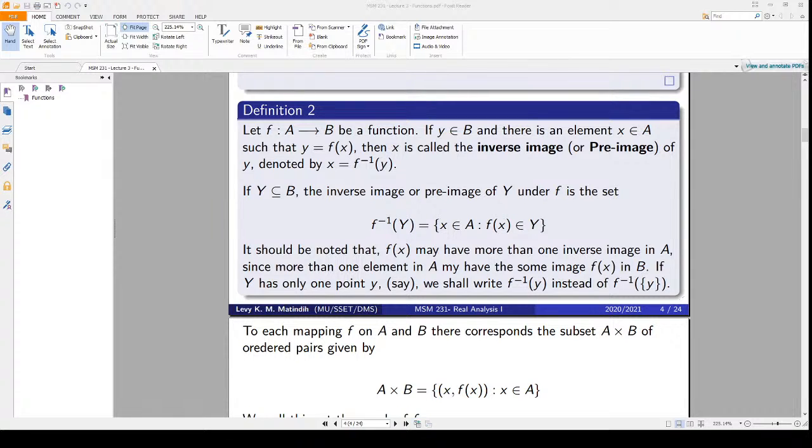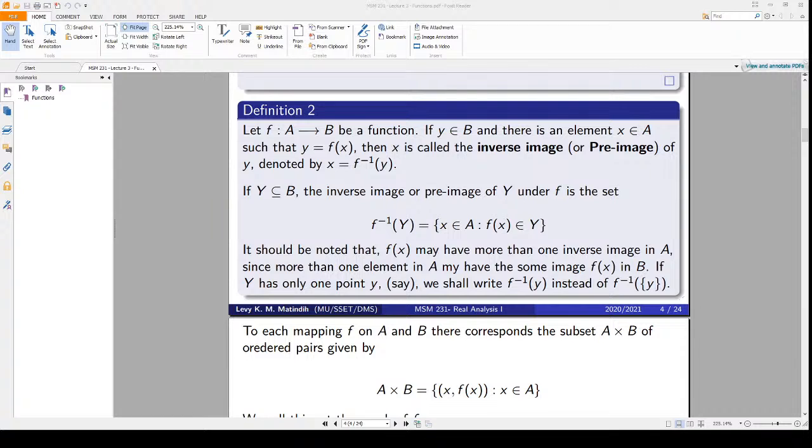This x is the inverse image of y, or the pre-image of y. In this case, we write x is equal to f⁻¹(y). So in short, if y is equal to f(x), then x will be equal to f⁻¹(y).